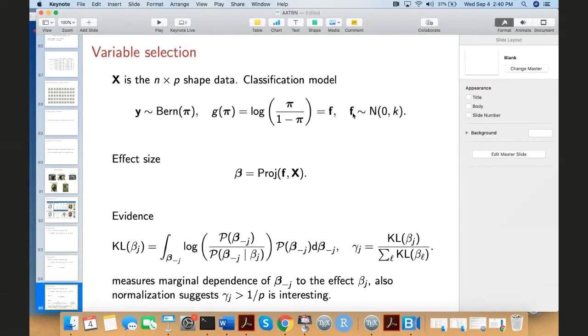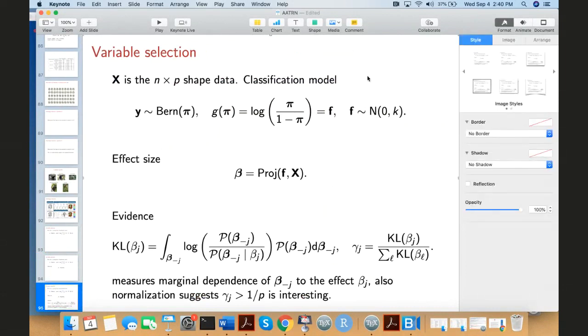Now, my y is 0 or 1, so I'm going to say that y I draw from a Bernoulli random variable with parameter pi. And that pi is related to our function f as follows: the log of pi over 1 minus pi is equal to f. This is called a logit function. This is some really standard statistics of how you can model binary variables.